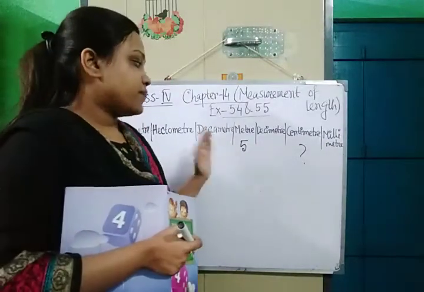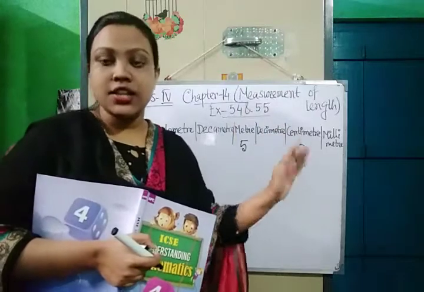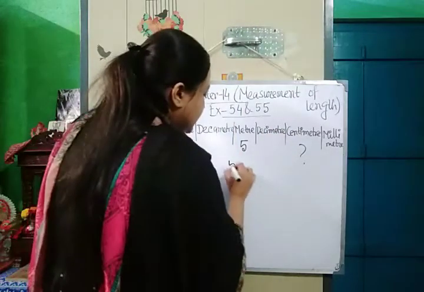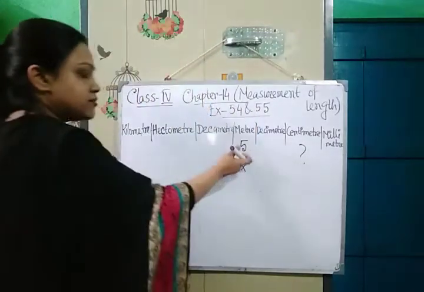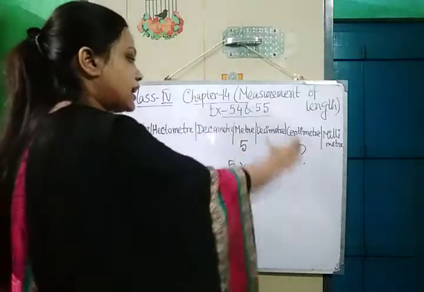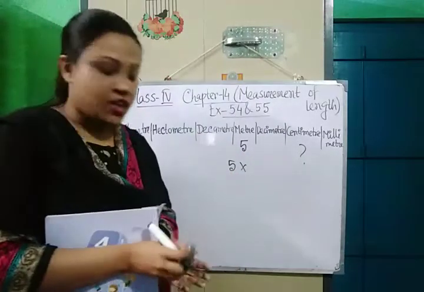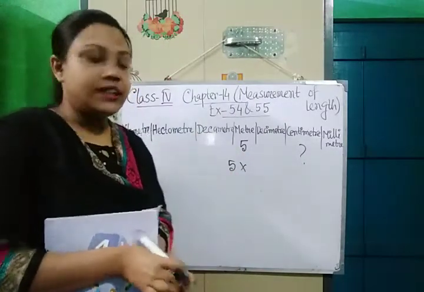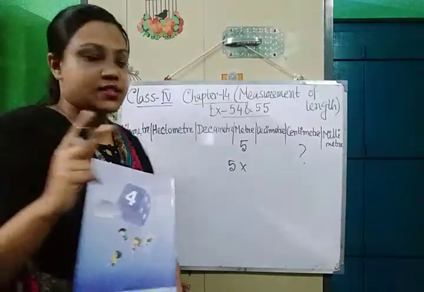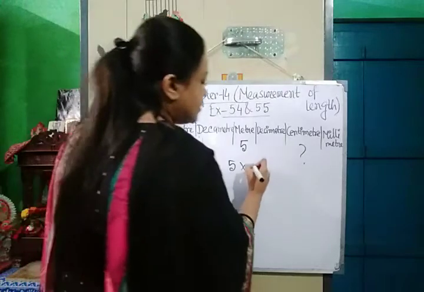So since we are moving to the right, we have to multiply. Okay. So 5 into, if we are moving to the left, we will divide. But since we are moving to the right, we will multiply something. What will we multiply with it? See, how many places you are moving to the right? 2 places. So first of all you will write a 1.